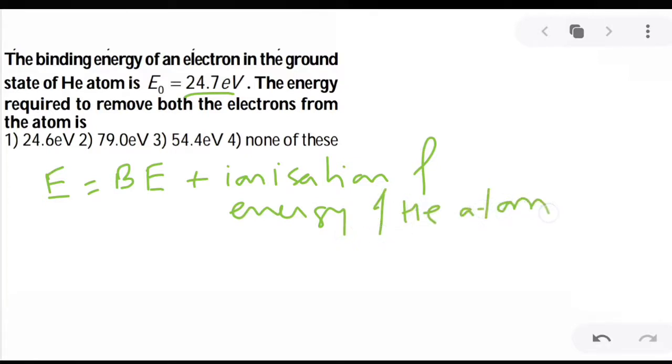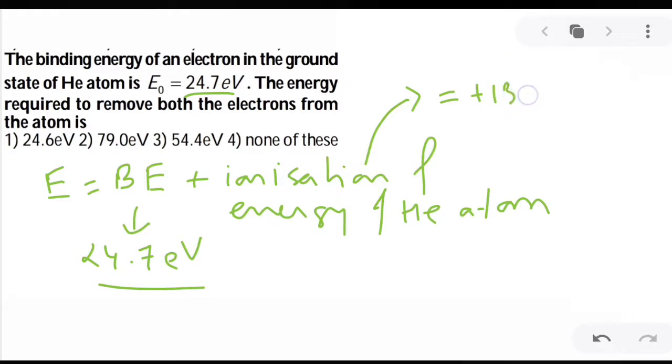Okay. Now, here binding energy is given. This is 24.7 electron volt. Okay. And how to find the ionization energy? It is equal to plus 13.6 Z square by N square.